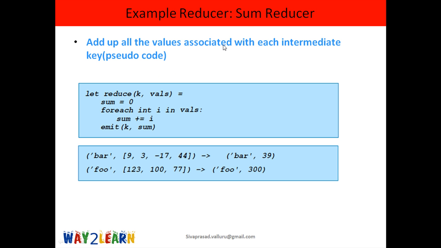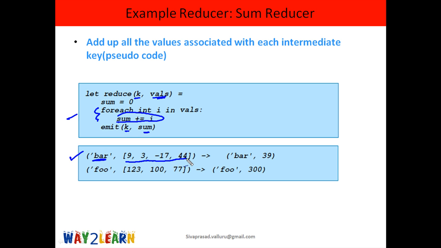So for an example reducer, the reducer which we wrote in case of word count looks like this, right? Reducer will get one key and list of all values. So here I am iterating through each value, computing sum of all values and emitting one key comma value. So this is a pseudo code, how it will look like, and this is an example.